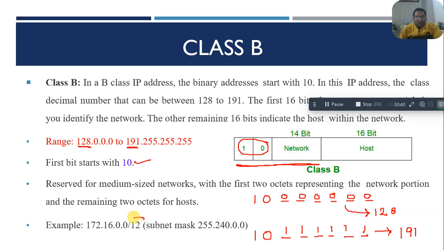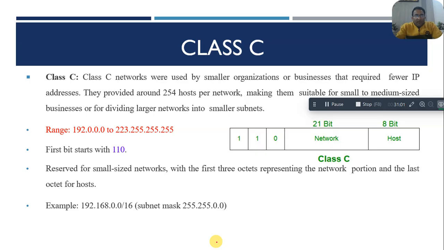Again, this 12 is used for the subnet mask, which equals 255.255.0.0. The default subnet mask for class B is 255.255.0.0.